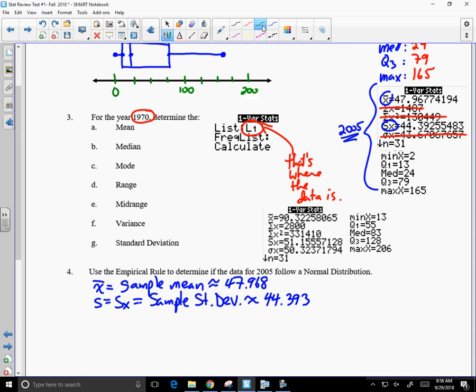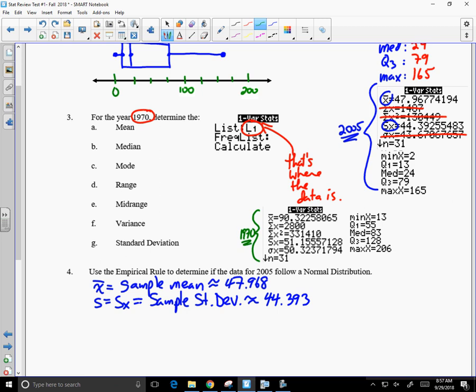Anyway, so mean, median, range, and standard deviation are all things you get directly from the calculator. I hesitated on range because you get it directly, but there's still a small calculation you need to do. The other ones you directly get. It's in this list somewhere, you just have to find where it is. So again, this is for 1970.